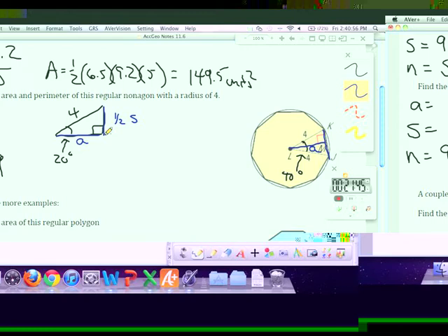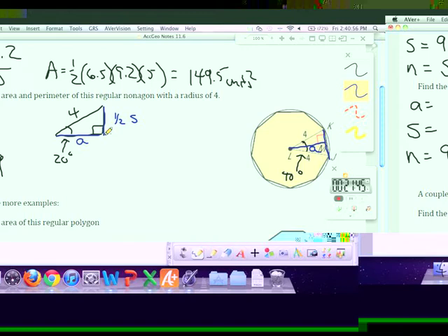Notice that we're going to create a bunch of triangles in here. Since this is a regular polygon, each of these sides is congruent, and they have the same radius, so we have a bunch of congruent triangles.